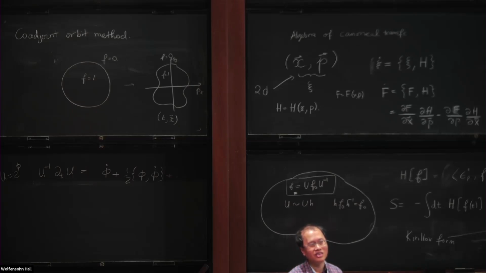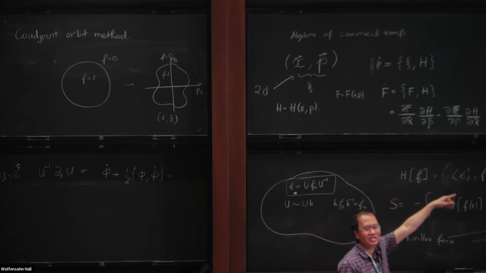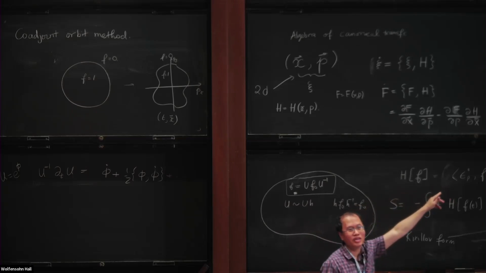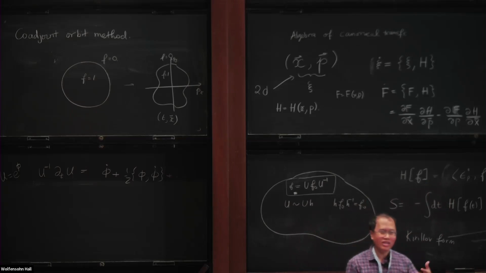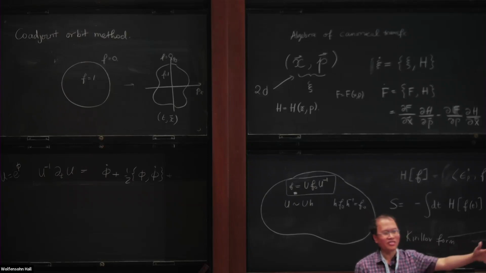Is U something like e to the Hamiltonian? So U, as I said, is an exponent. You can think of it as the exponent of some function of x and p, and one can fix the gauge so that it is a function of x and the angle on the Fermi surface. Now this function is a field, right? It's not something that you know beforehand. It's a field, and you solve the equation of motion to get this field as a function of time.